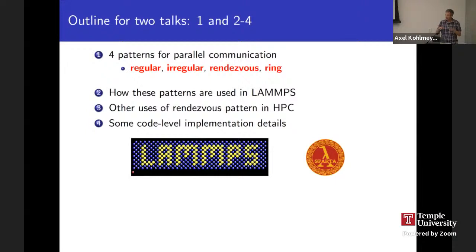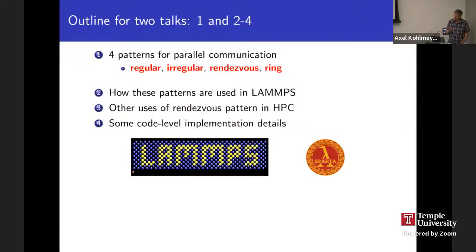In the second half, I'll make it more specific to LAMMPS and show how those patterns are used in LAMMPS itself. They're not just limited to LAMMPS, they're useful in other codes. So I have an illustration or two of other kinds of scientific simulations or analyses where these patterns might be useful.